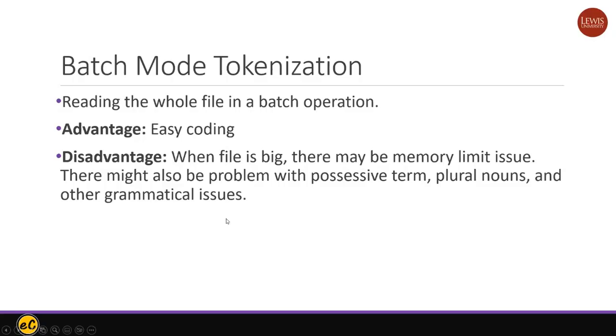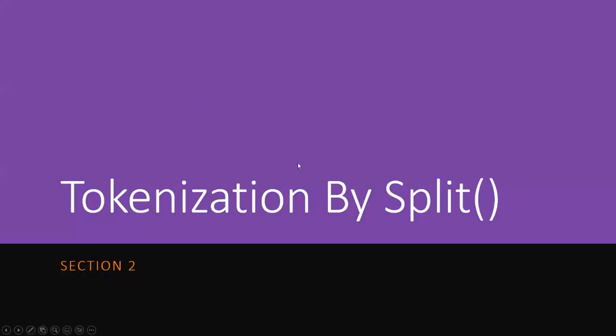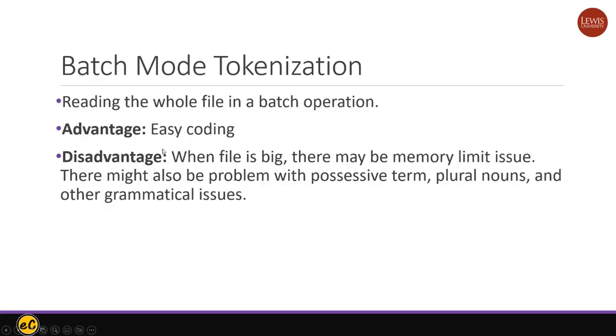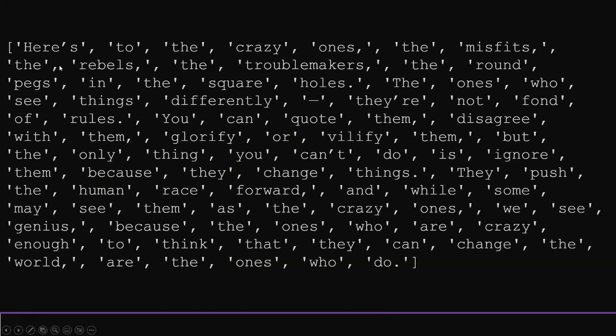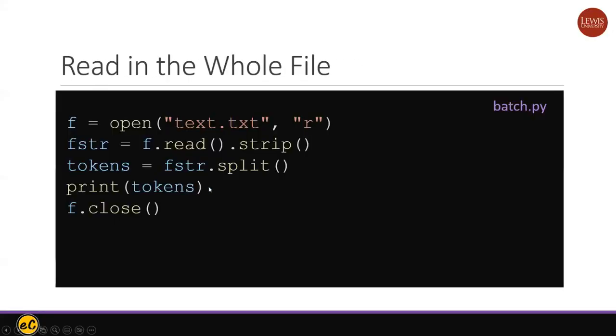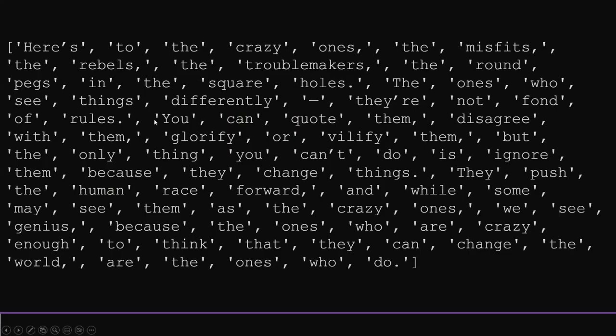Okay, tokenization by split. This is the simplest one. Simple coding, but the disadvantage is it's not good. Here you read the text and try to strip it and create tokens. The simplest one is that you just split it into all kinds of symbols. But the disadvantage is that it doesn't deal with the comma, something wrong with this comma.